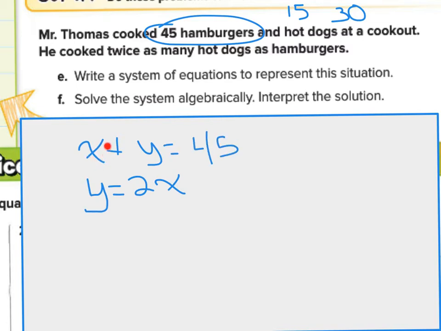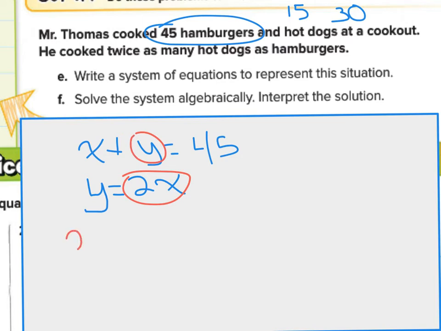I know that my hamburgers, because he cooked twice as many hot dogs as hamburgers, so my hamburgers plus my hot dogs is 45, and I know that my hot dogs is 2 times the number of hamburgers. Makes sense, right? Now we can go ahead and solve, where I substitute. So I'm going to take my 2x and substitute it in here because that's what I've been given.